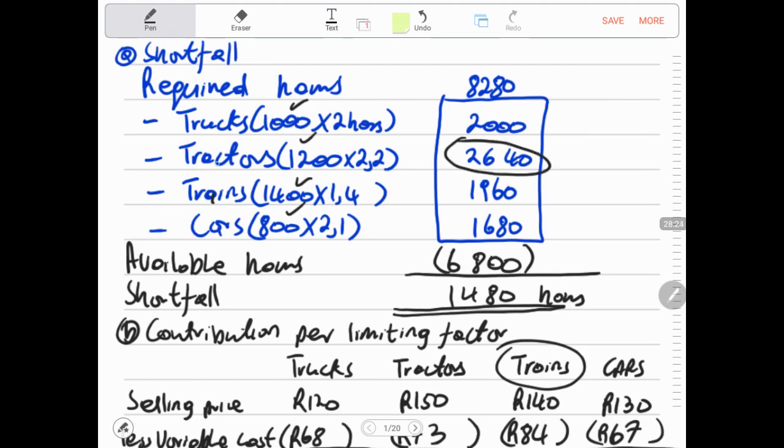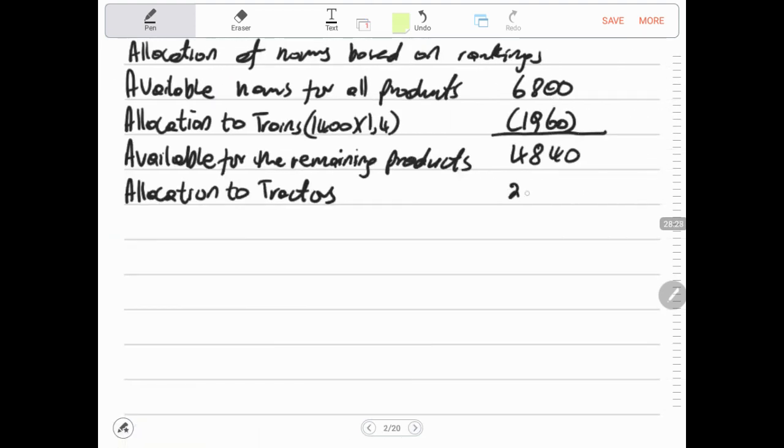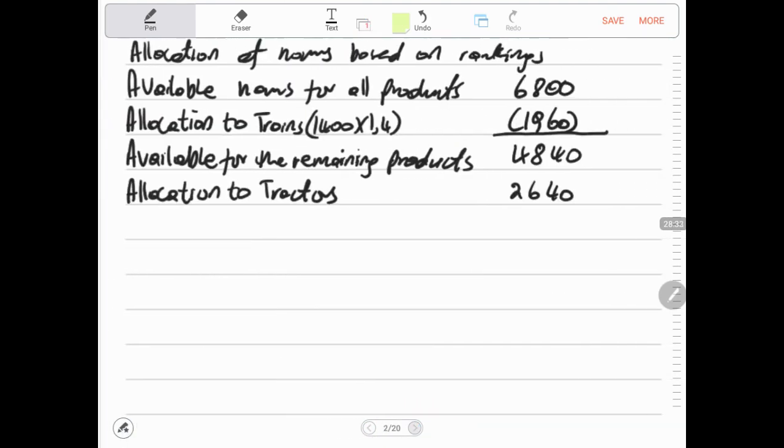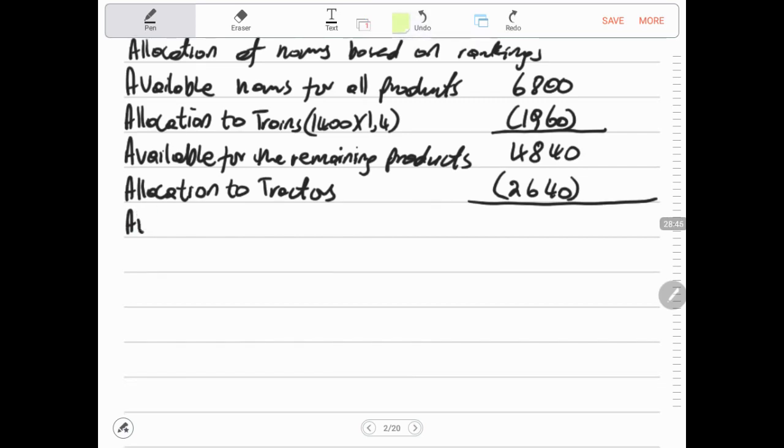That's what the tractors require. So now we close and draw the line. Then after closing and drawing the line, the remainder will be available for the remaining products.